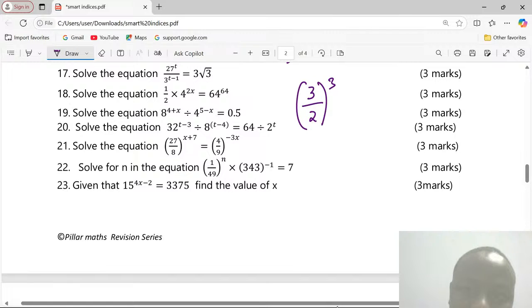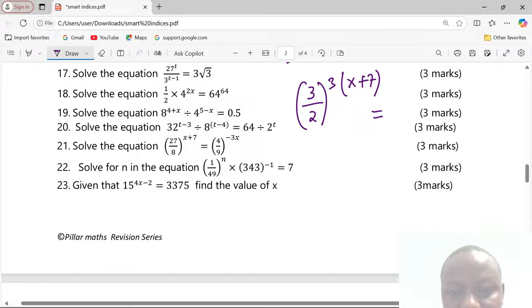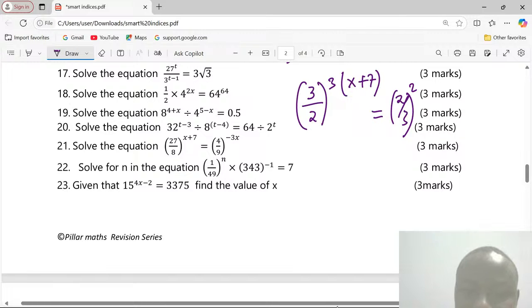Then out here, we already have x plus 7 equals, and we do the same for the right-hand side where there is 4 over 9. So 4 over 9 can be 2 over 3 and everything squared. So 2 over 3, then we square everything, but there is already an existing negative 3x.